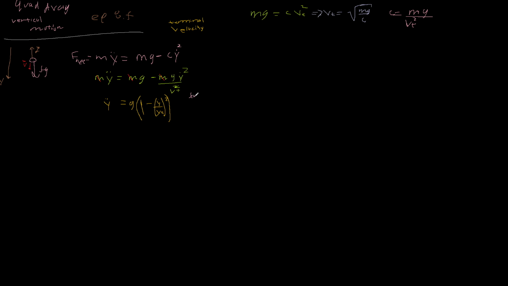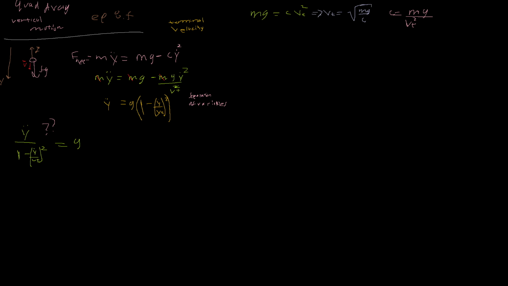Okay, so once again, I'm going to use separation of variables to solve this differential equation. So we get y double dot over 1 minus y dot over vt squared equals g. And what is this term? We're going to solve this integral.